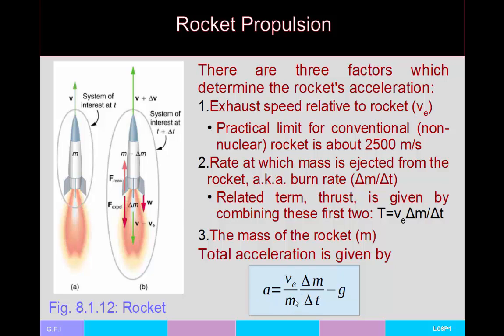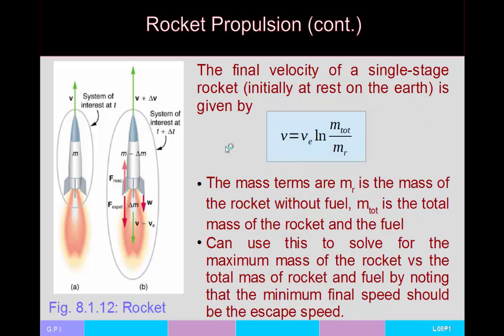I should probably note here that this equation makes one kind of important assumption, which is that the rocket itself is relatively massive compared to the amount of fuel that is leaving the rocket.